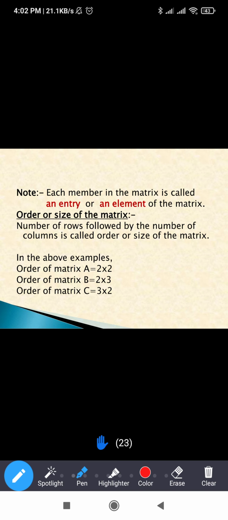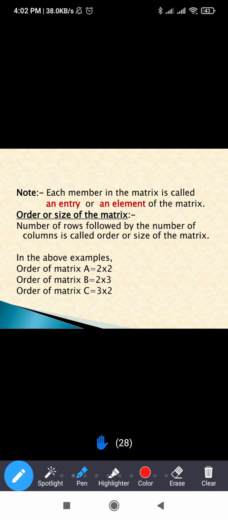Immediately, let's go to our next topic, order or size of the matrix. We have already defined it, so let's write its definition first of all. You may say order of matrix or size of matrix; both are the same thing.